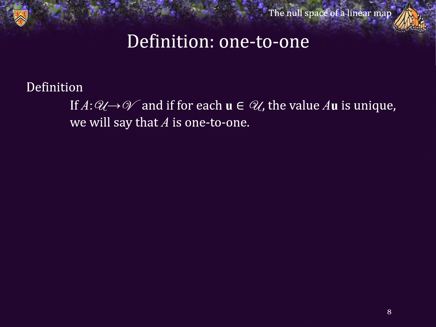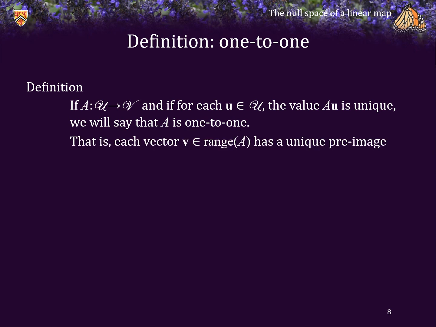So, a new definition, one that is related to the previous definition we saw of onto, but this is now one-to-one. And you've already heard of one-to-one functions in secondary school. Here, if a map A mapping a vector space U onto V is such that for each u in the domain, the value A applied to u is unique, we will say that A is one-to-one.